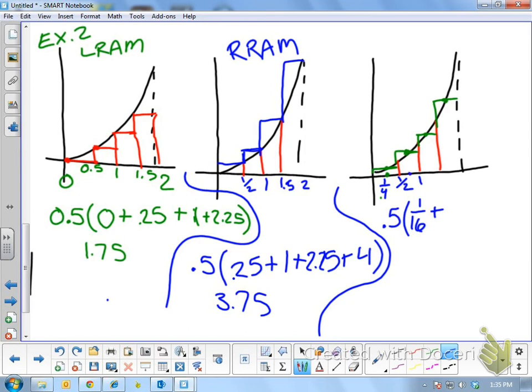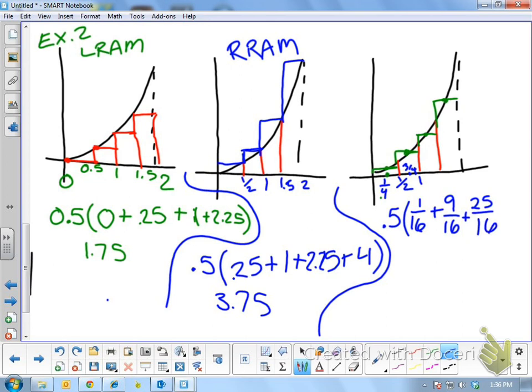So we would use 3/4, which would be 9/16. So weird. And then we would use what's between 1 and 1.5. 1 1/4, so 5/4, which is 25/16 when we square it.